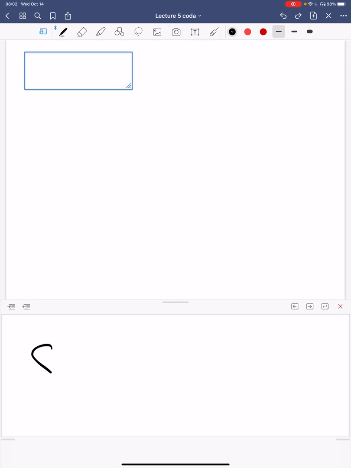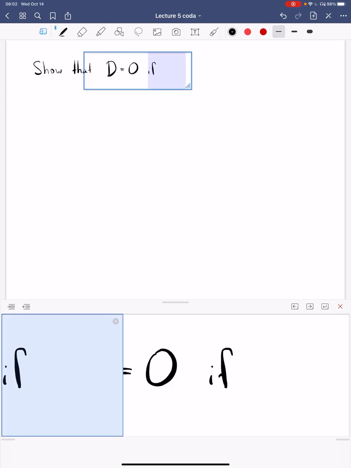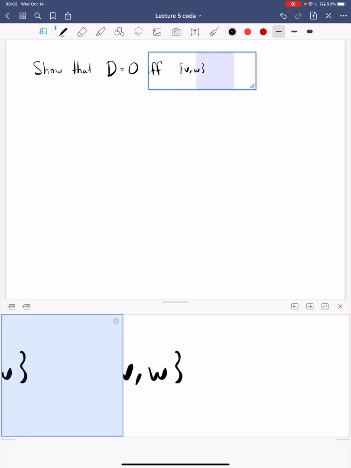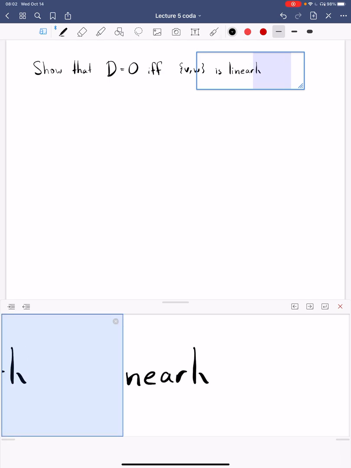So we want to show that the discriminant is equal to 0 if and only if V, W is a linearly dependent set.